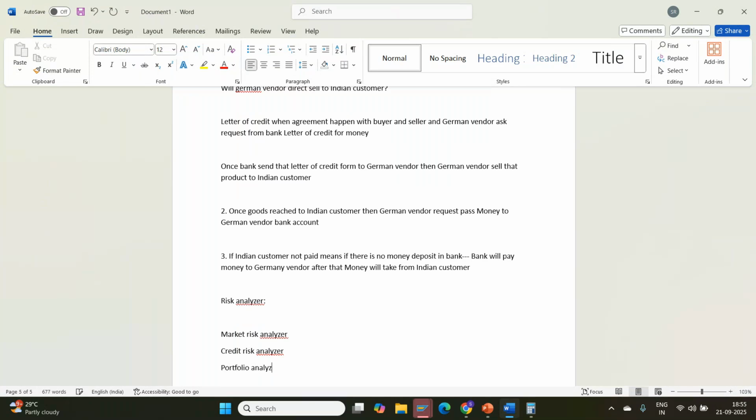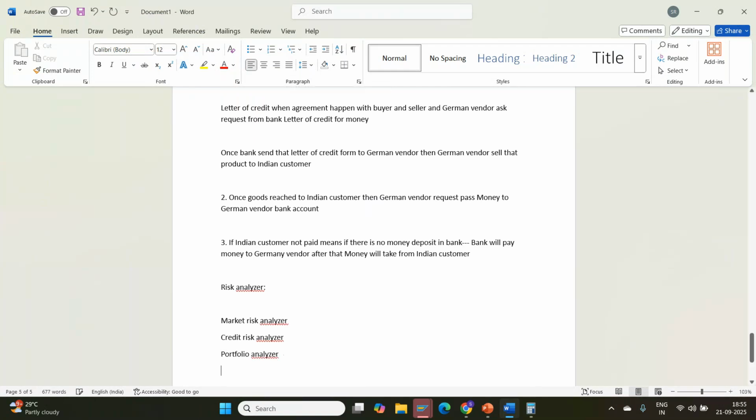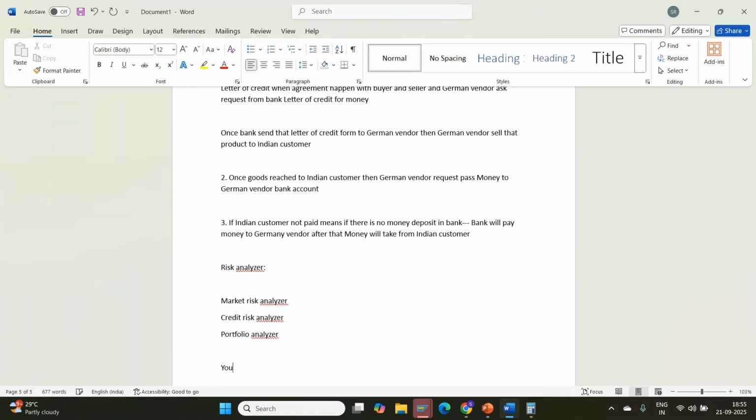For example, your company investment is 1 crore in 2025, but you have a limit.